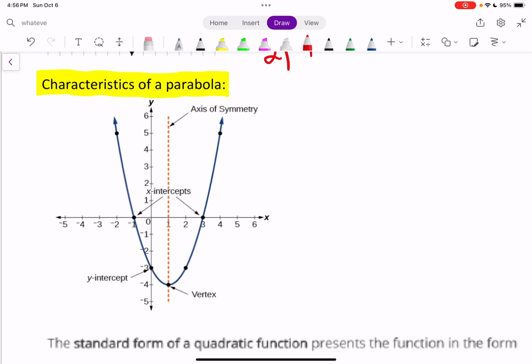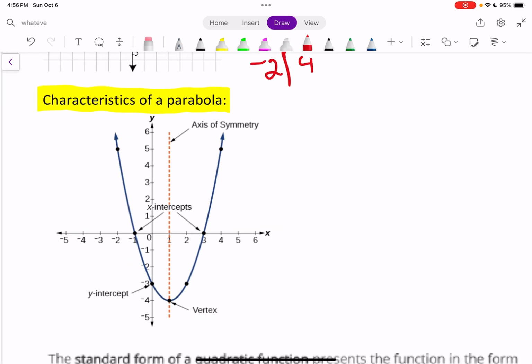The most important piece of a parabola, same as the most important piece of the absolute value function, is that turning point. So right here, the turning point in the parabola is called a vertex. Anytime we draw a parabola, we have to have the vertex.